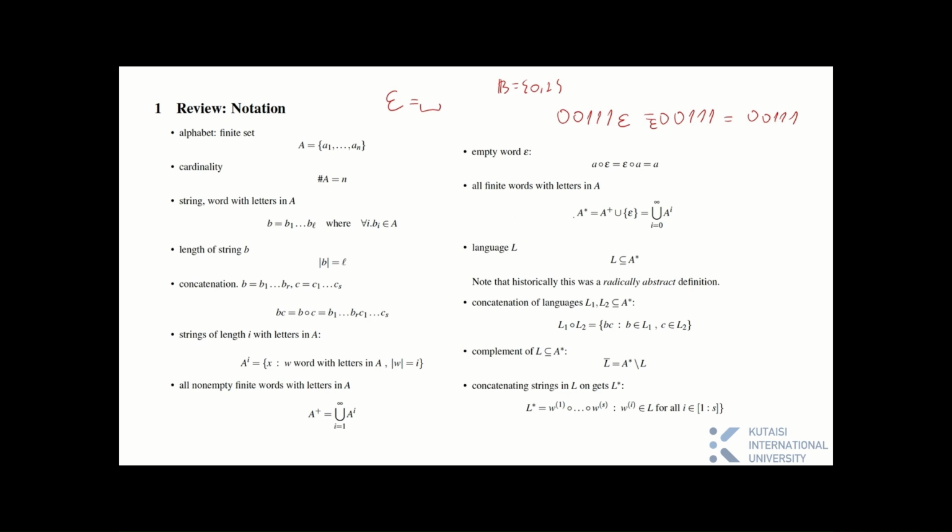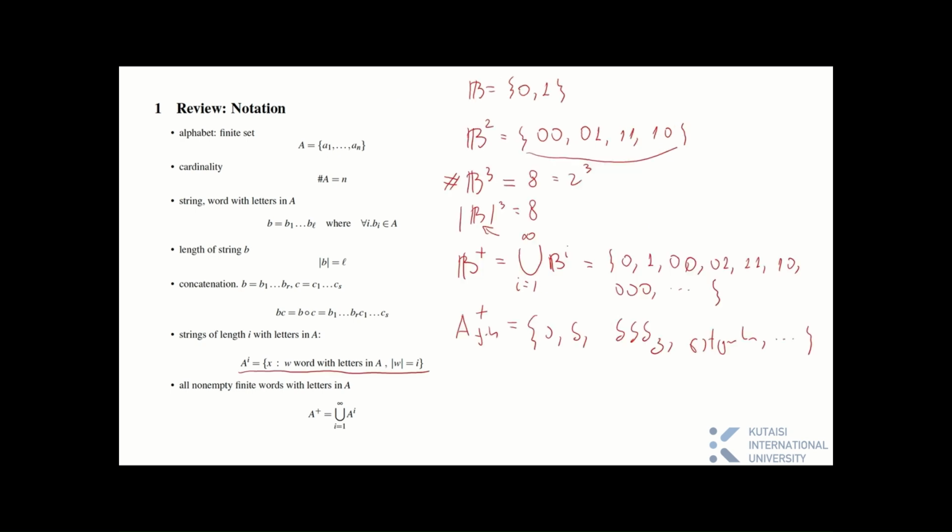And then by A star, this is a very, very important definition for us. We will use it all the time. It's again A plus, so all possible strings from A, plus the empty word. So in here, if I add one more guy here, namely epsilon, then I will get A star. So A plus and A star only differ by one thing.